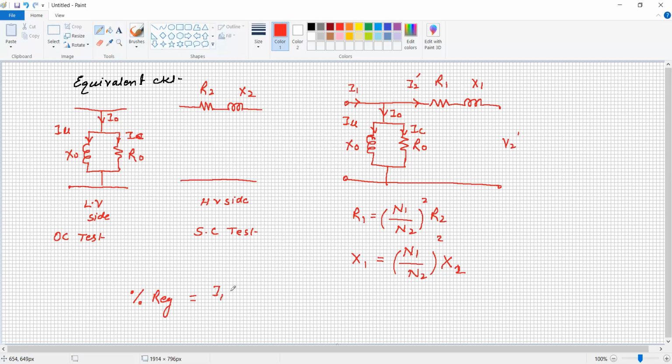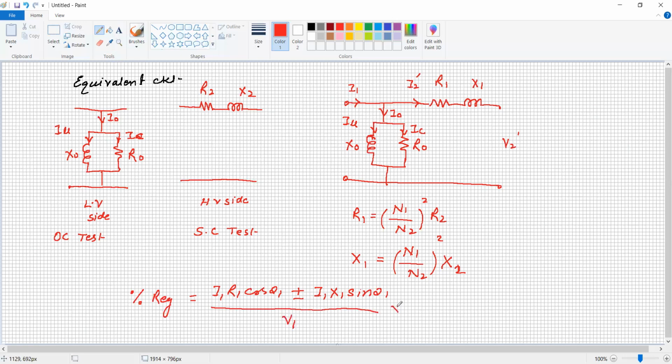So we write I1 R1 plus or minus I1 X1... I1 R1 cos theta 1 plus or minus I1 X1 sin theta 1 divided by V1 into 100, as this is referred to the primary side.